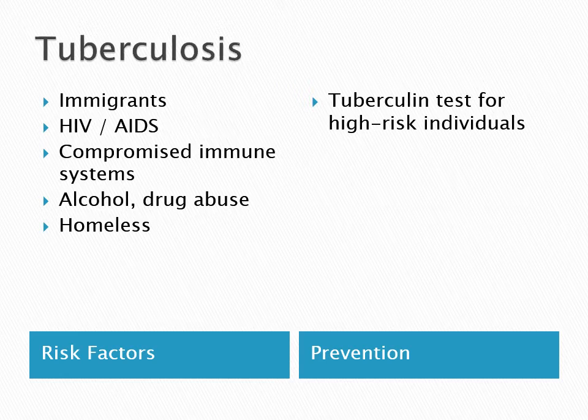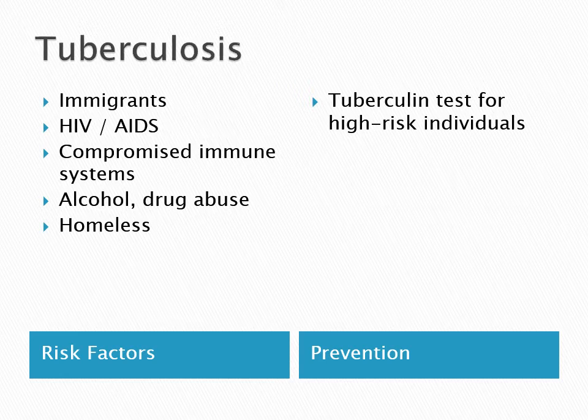Prevention is centered around the skin testing that everybody has gone through. And of course, you can't screen everybody. So really the recommendation is to just focus on those high-risk individuals.